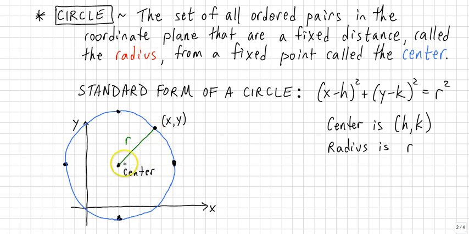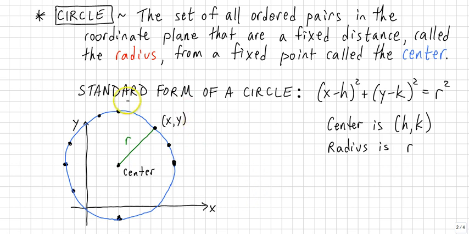And what the definition is saying is every single coordinate x, y that's exactly this distance r away from the center makes up the circle. So if I go from the center to any coordinate on this circle that I've drawn, I will be exactly a distance of r away from that center. And when you put all those points together, you end up with a circle.